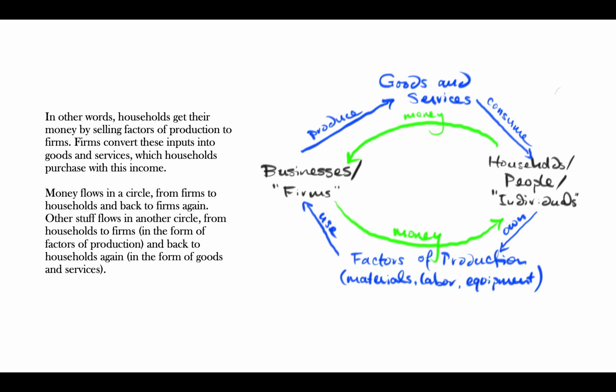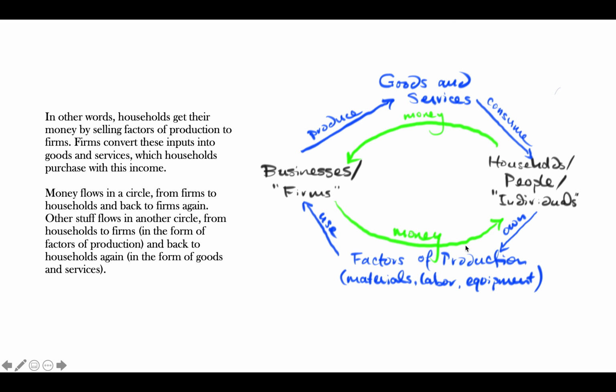At the same time, money is flowing in the opposite direction. So the businesses are buying these factors of production from households, and that goes to the households as income. The people think of that as their wages, their salaries, or income they get from selling wheat, flour to the bakery, income they get from renting the store or the machinery to the bakery.